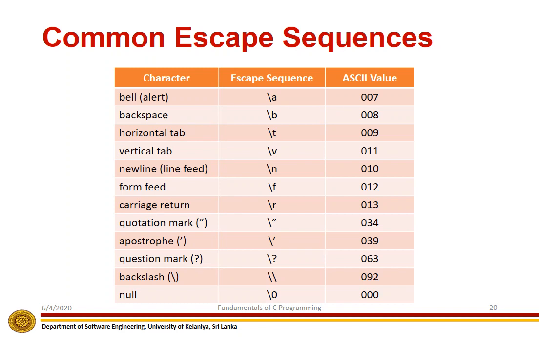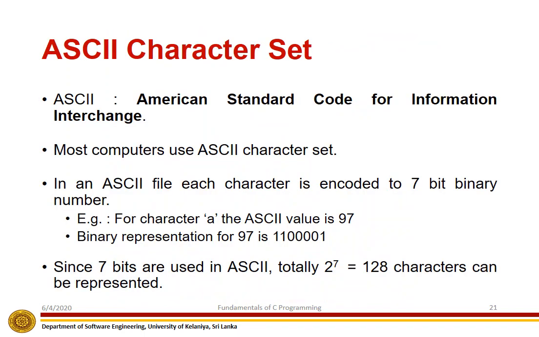What are ASCII values? What is meant by ASCII values? ASCII stands for American Standard Code for Information Interchange. Most computers are using the ASCII character set. This ASCII code is basically used for identifying characters and numerals on the keyboard. As you all know, a computer being a digital machine only understands and represents binary numbers, zeros and ones.